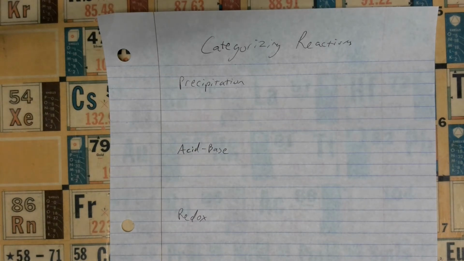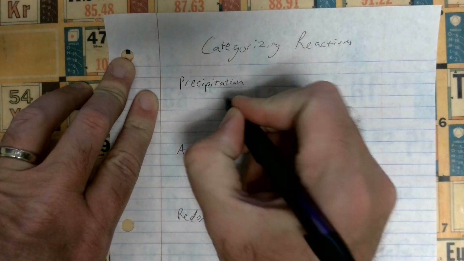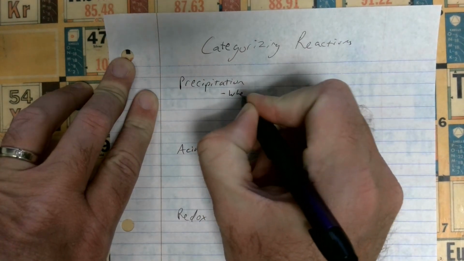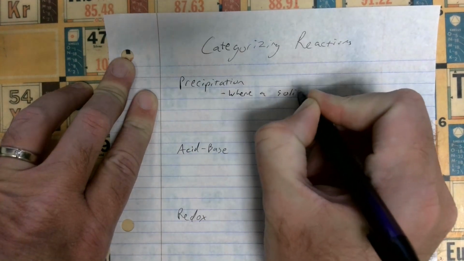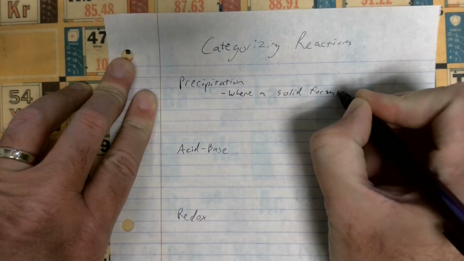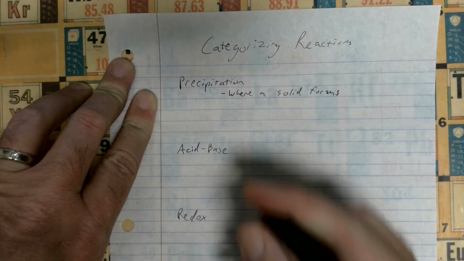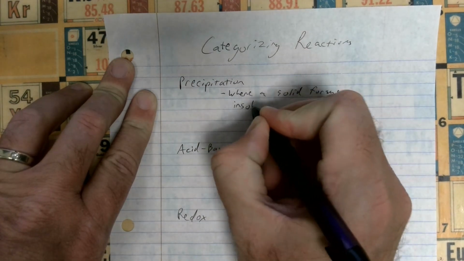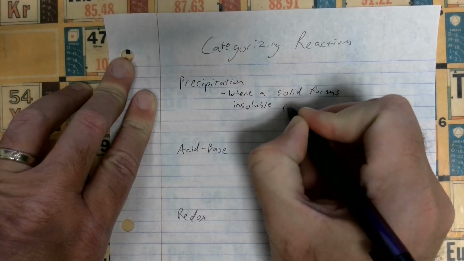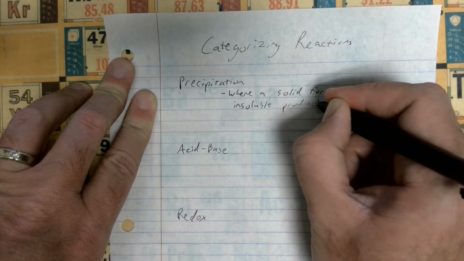So when you talk about a precipitation reaction, that is where a solid forms. So what you're going to look for is where you have an insoluble product that forms.